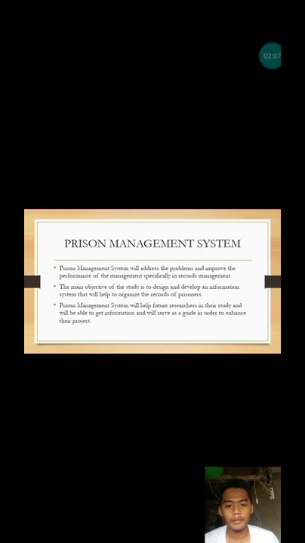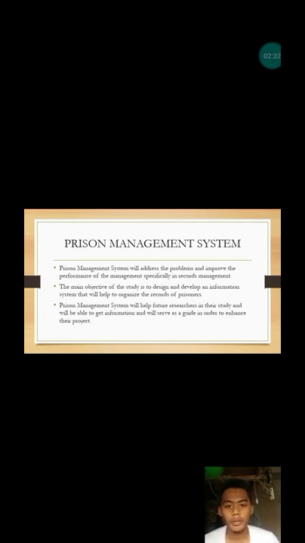The main objective of the study is to design and develop an information system that will help to organize the records of prisoners. So the objective of the prison management system is to study, design, and develop the information system that will help to organize the records of the prisoners.